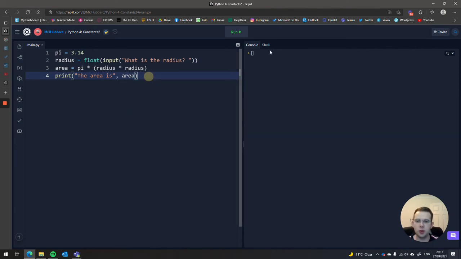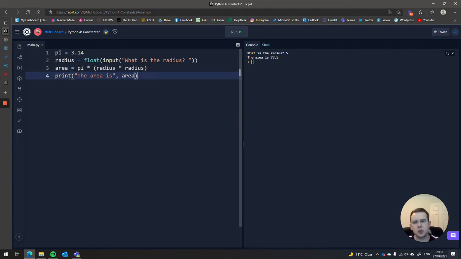So if I run this now, it says what is the radius, so I'm just going to put in 5 for example. Okay, and it says the area would then be 78.5. So what it's doing is taking 5, timesing it by itself to get 25, and then timesing it by 3.14, which gives us 78.5.